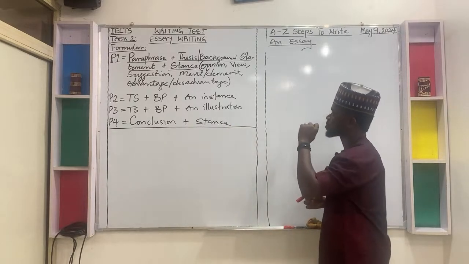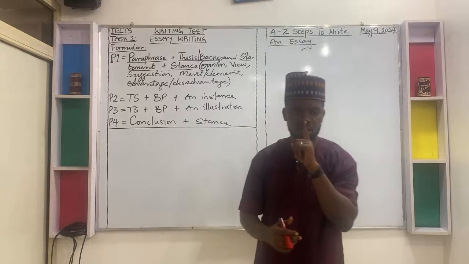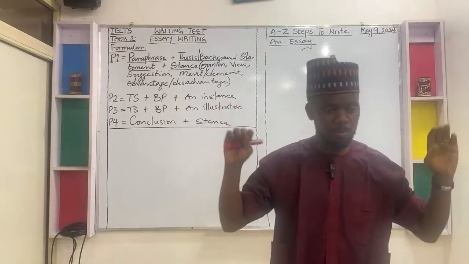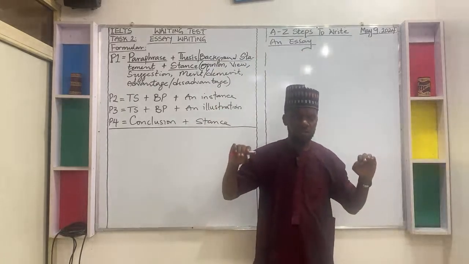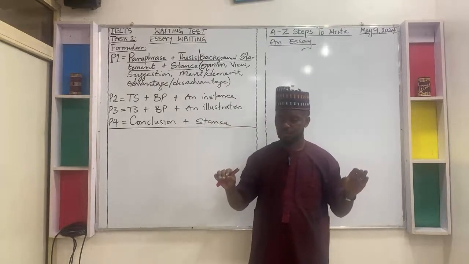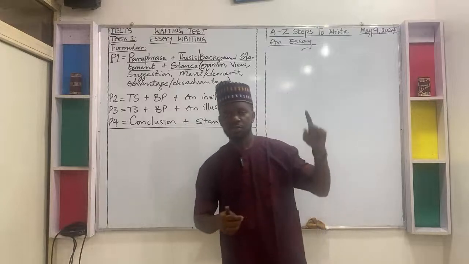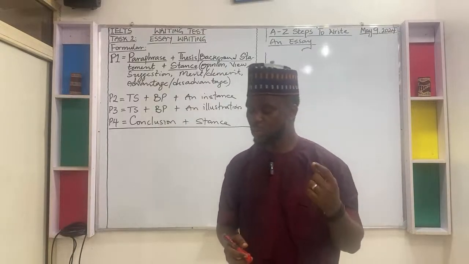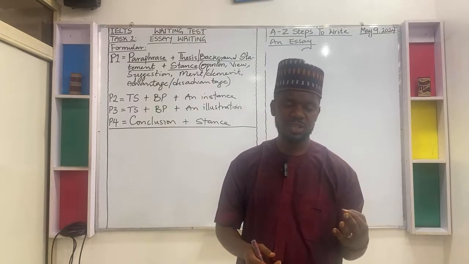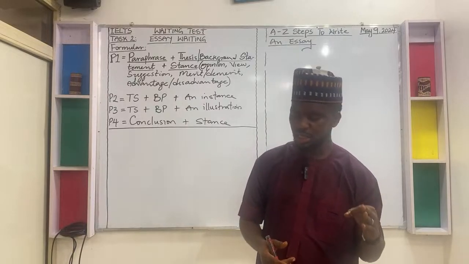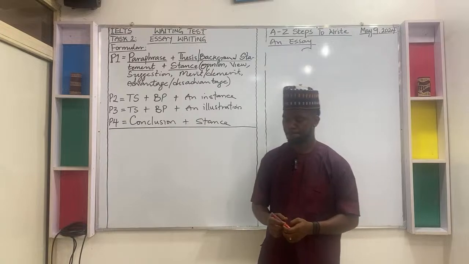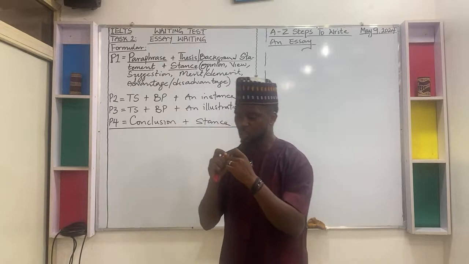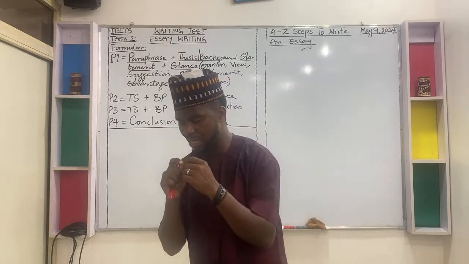The first step is read your question only once and identify the keywords in the question that you can substitute with their synonyms. Step 1 of writing an essay is read the question only once to identify the key words in the question that you can paraphrase or substitute with their synonyms.